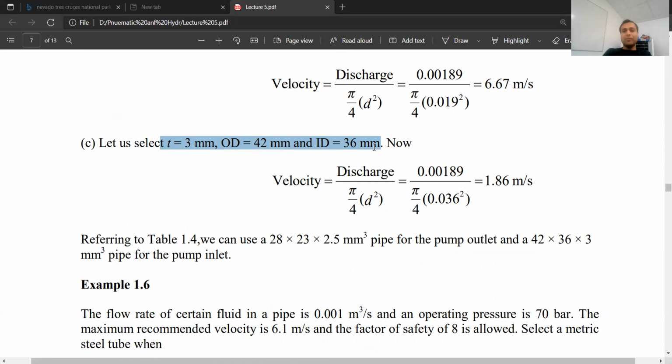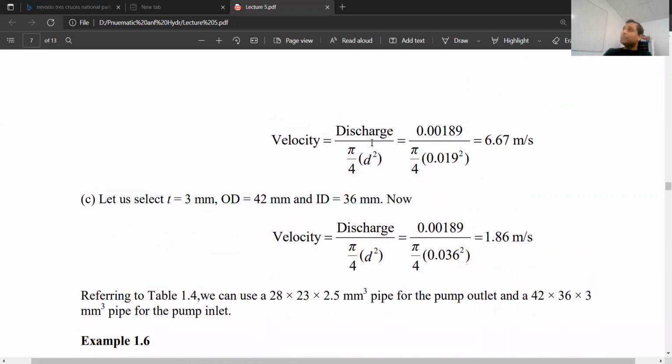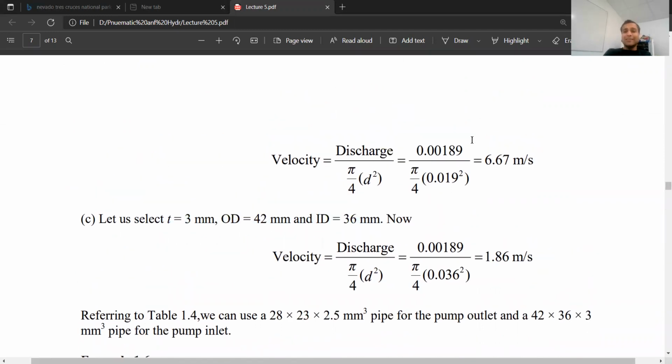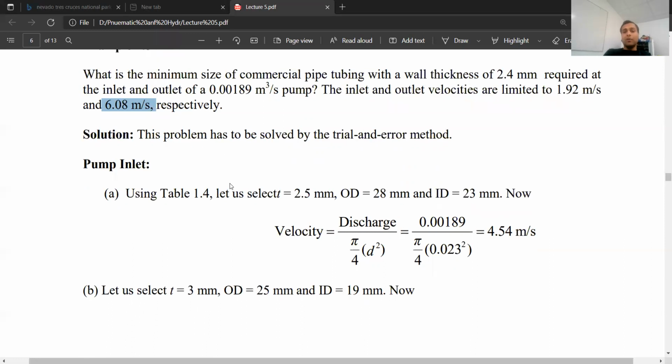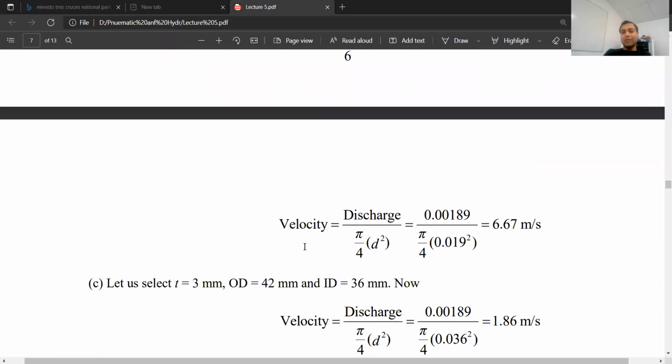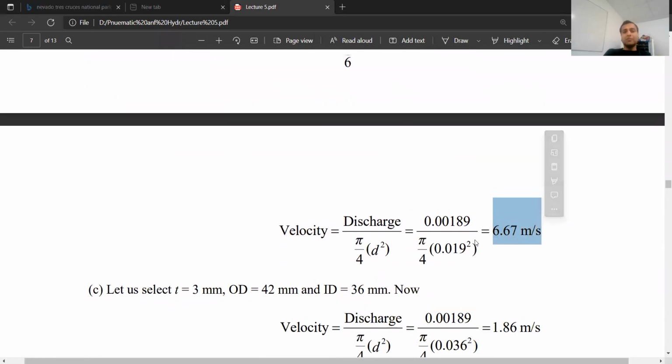I can do that one. But for this one, 6.67. Now then we have a look. We need 6.08. If we cannot find any other, we can go with that one. If there is no other pipe diameter, we can go for the one that we actually calculated. So that difference is not that much, 6.67 and 6.08.